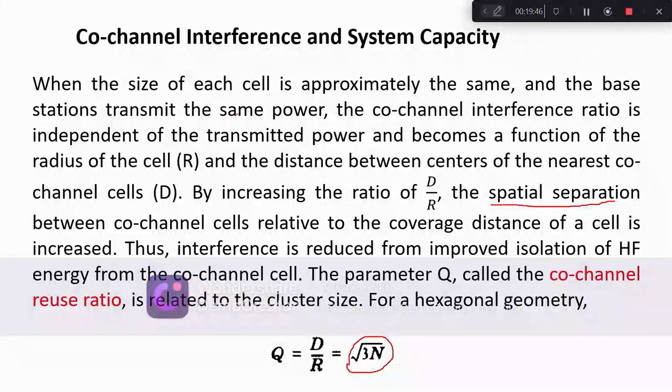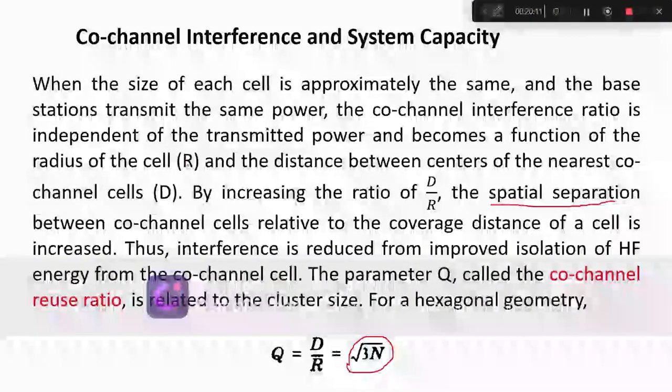The base station transmits the same power, ideally assuming that every antenna at the center of the cell is transmitting almost the same amount of power. The co-channel interference ratio is independent of the transmitted power and becomes a function of the radius of the cell and the distance between the centers of the nearest co-channel cells.